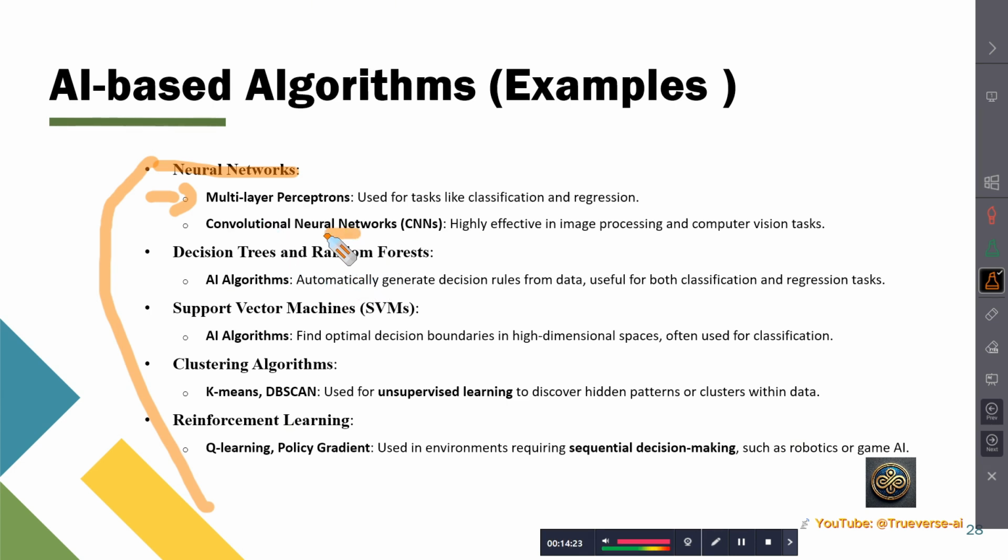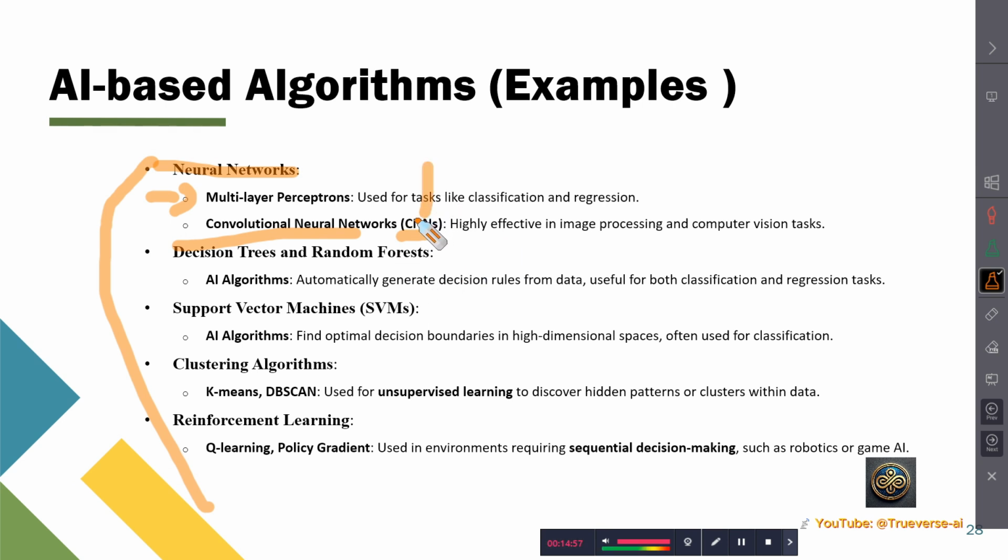And like CNN, RNN, ANN, we will discuss more. The CNN is highly effective in image processing and computer vision tasks.